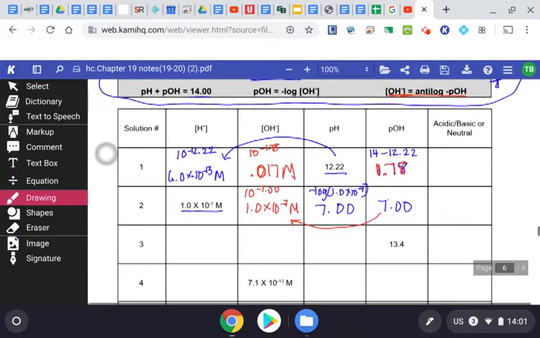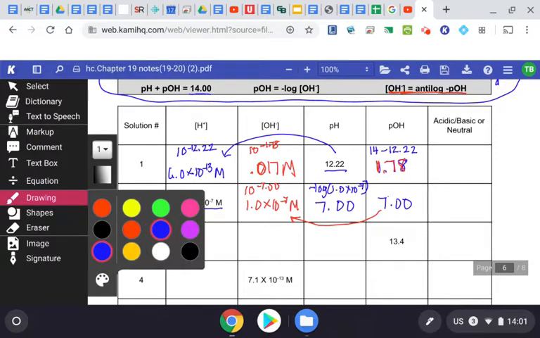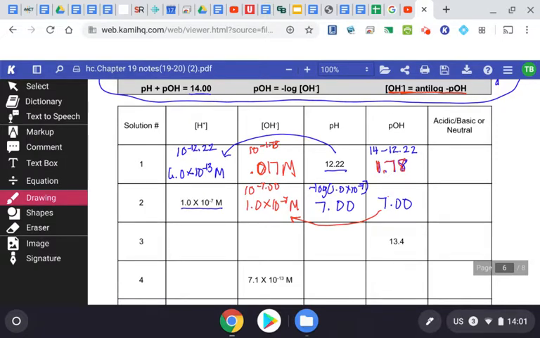For solution 3, I am given the pOH. Well, pH is just going to be 14 minus my pOH, 13.4. That comes out to be 0.6. To find my hydrogen ion concentration, I'm going to take the anti-log of that value.